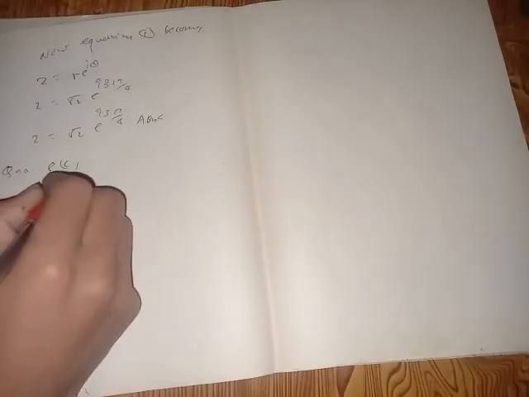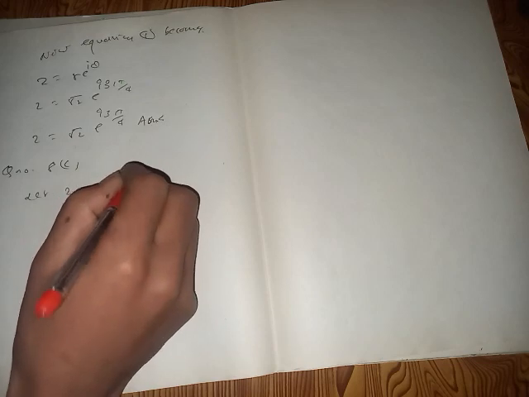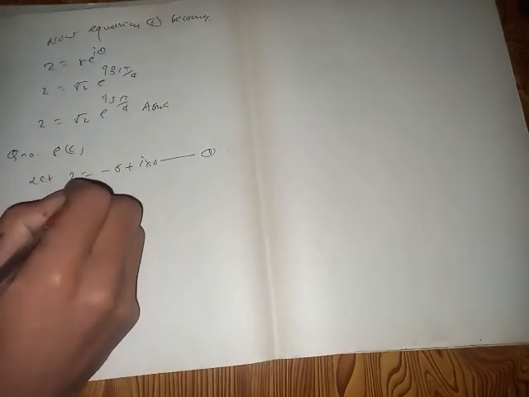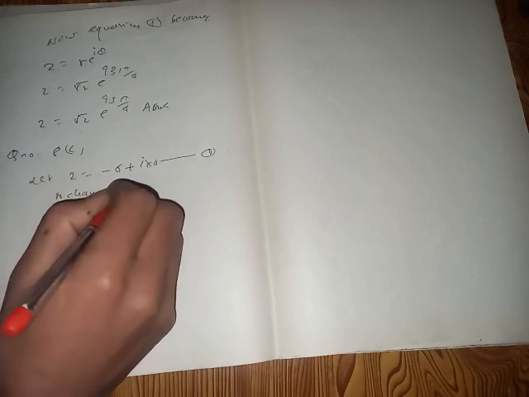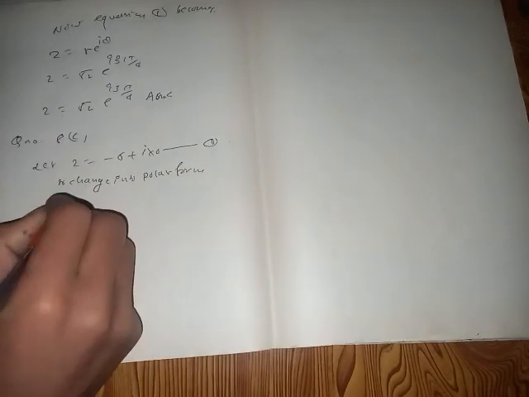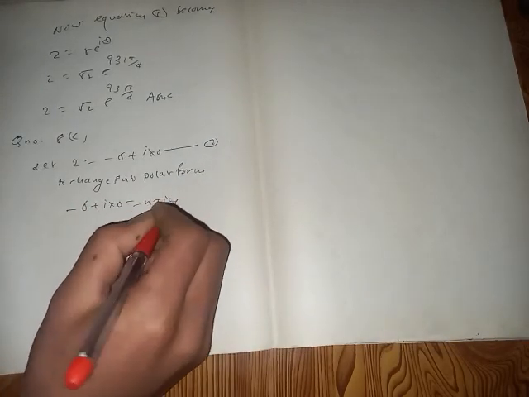And another question is part C. Let z is equal to minus 6 plus i into 0, equation 1, and change it into polar form. So minus 6 plus i into 0 is equal to x plus iy.